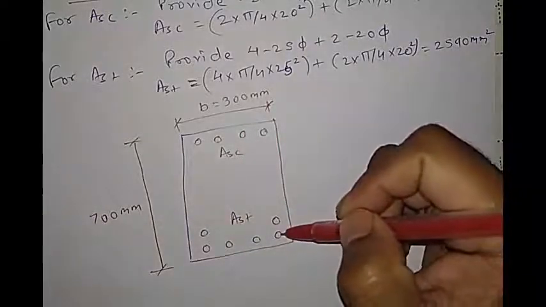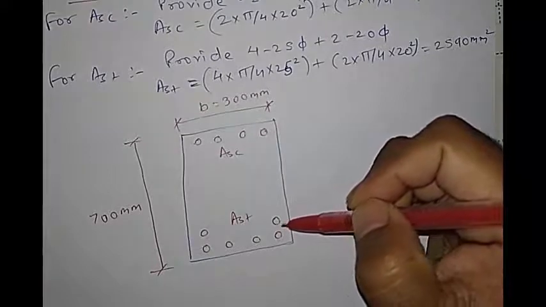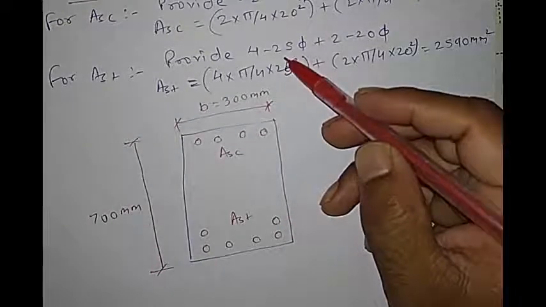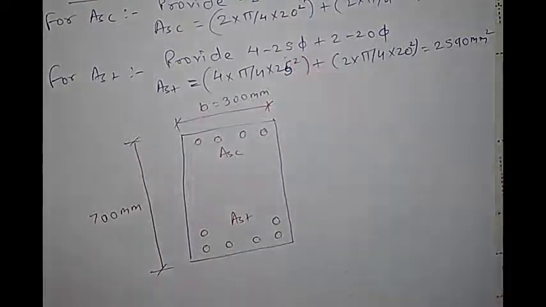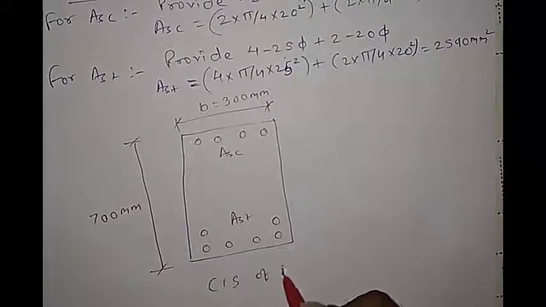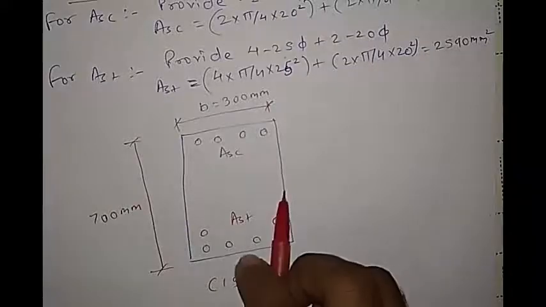AST we have provided in two layers because we have gone for different diameter bars, and that's the reason we have provided it, so that we can say this is the cross section of the beam.